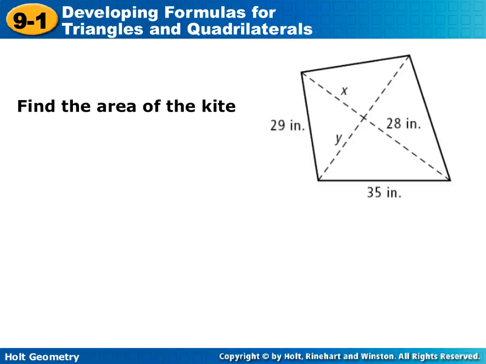Okay, all that works so that now we can find the area, because it asked us to find the area. So area is 1/2 of the product of the diagonals. So 1/2 of 42 times 48 is 1,008. And how would I label my units? Inches squared. 1,008 square inches.